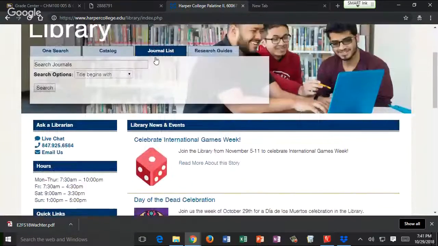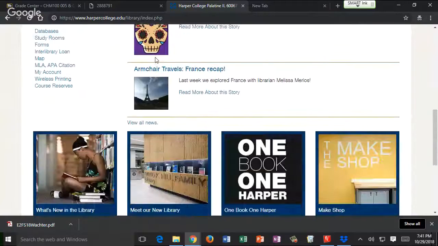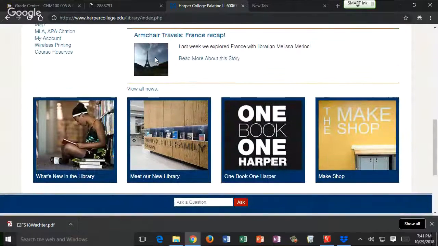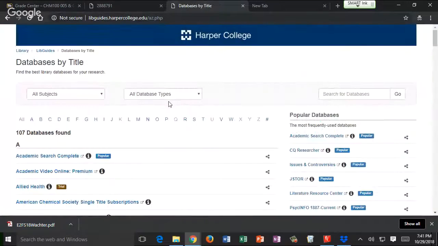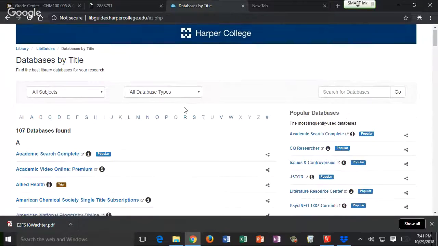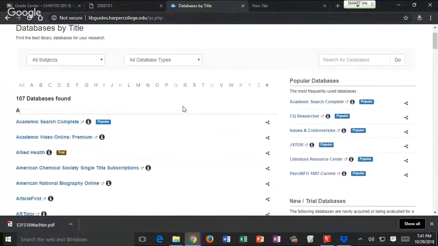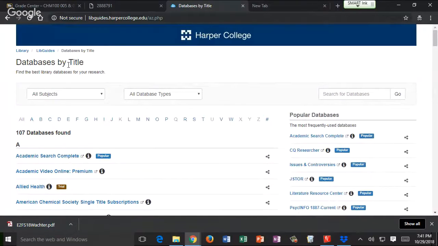I think the easiest way to get to this is to go to research and databases. And you should get a page like this, databases by title.